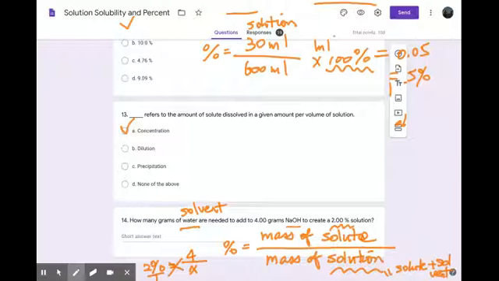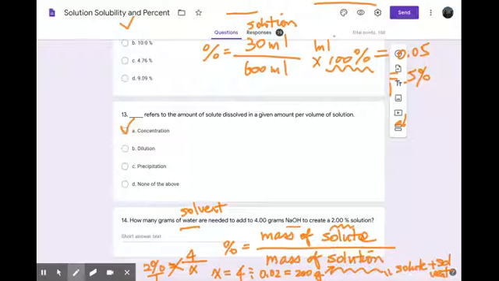X equal 4 divided by 2%, which is 4 divided by 0.02, which is 200. So 200 gram is our solution.